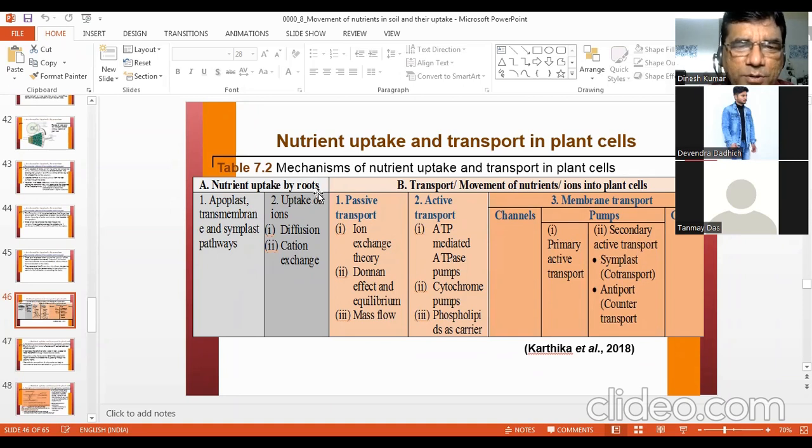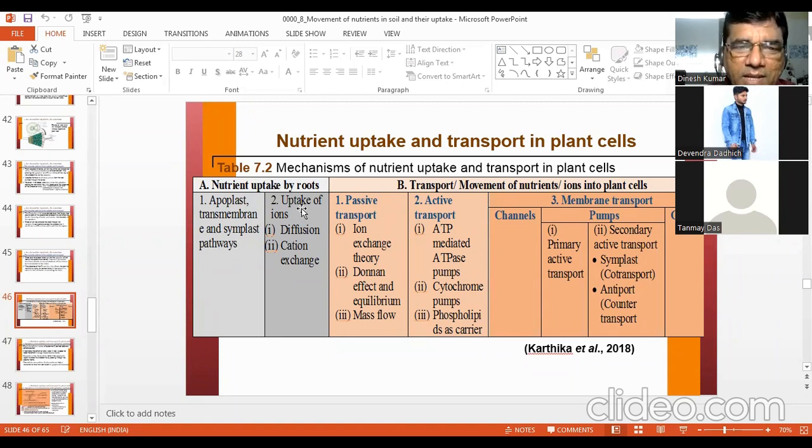Nutrient uptake by roots: apoplast, transmembrane, symplast pathway. There are three important aspects in nutrient uptake by roots: the apoplast, transmembrane, and symplast pathways. At first, the nutrient can go to the apoplast, it can go transmembrane, that is the plasmalemma, and the symplast pathways to enter the cells.